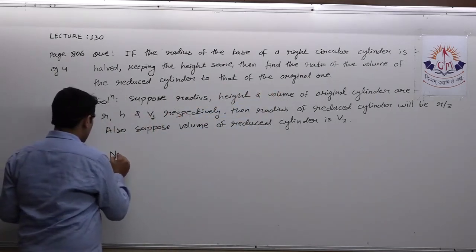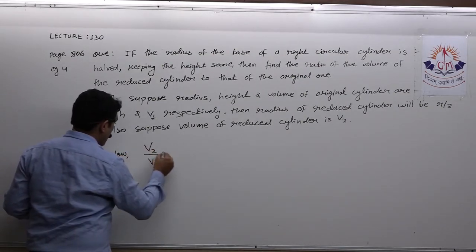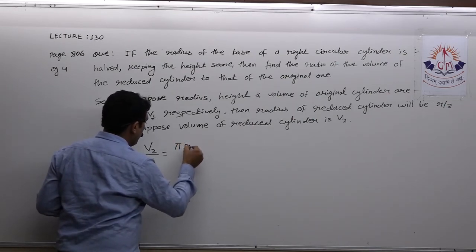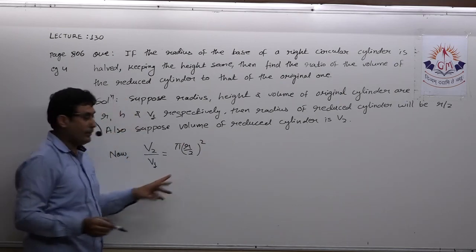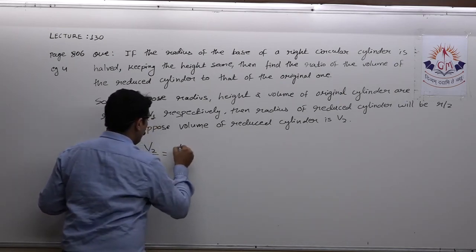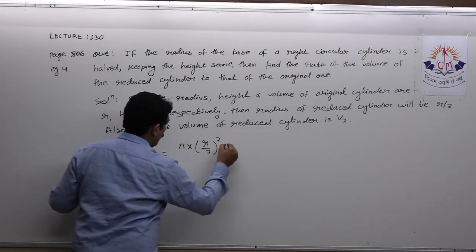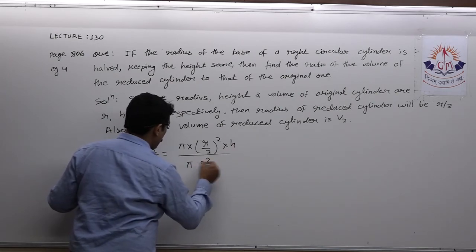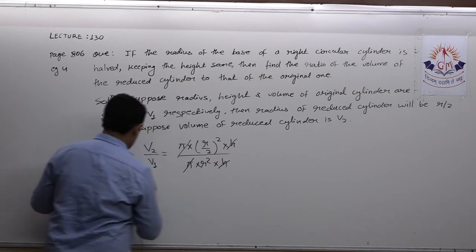So now V2 upon V1. Now volume of a cylinder is pi r square h. So here r is r by 2 for the reduced cylinder. So pi multiplied by (r upon 2) whole square, and h is same, and over here pi r square h. Pi and pi cancel, h and h cancel.